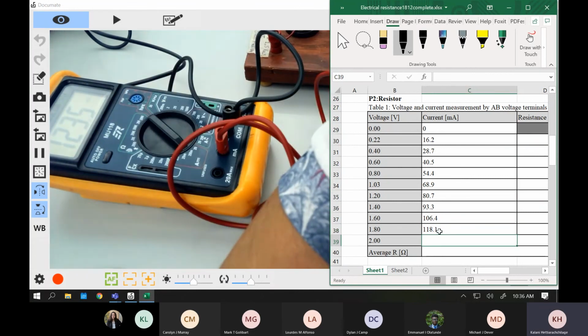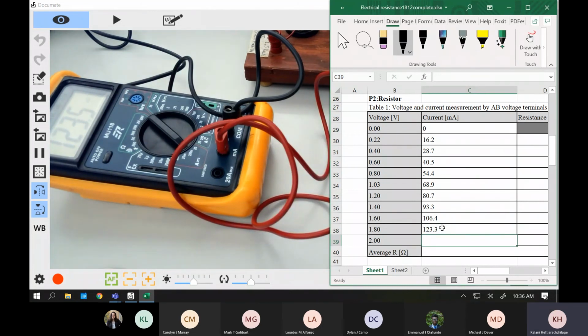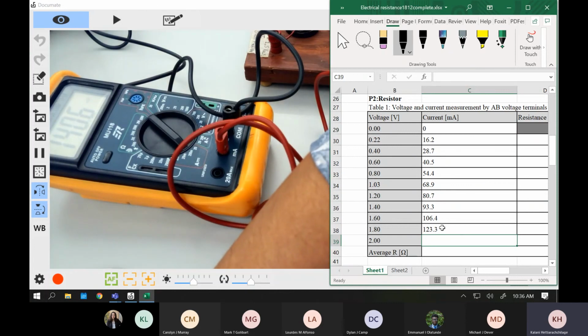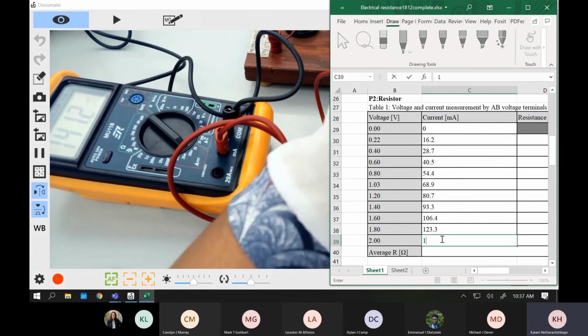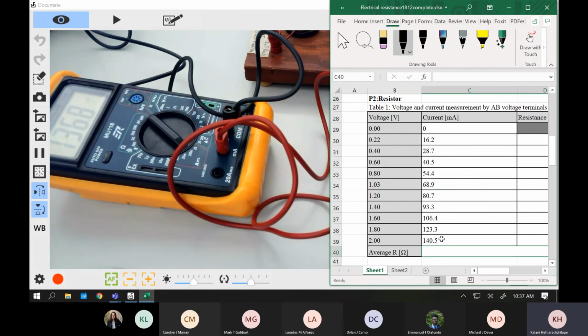Okay, so that's a little change. I'm going to change it. 123.3. And 2 is the last one. 130. Say 140.5. So it's a little change from time to time. Don't worry too much. So everybody can hear.